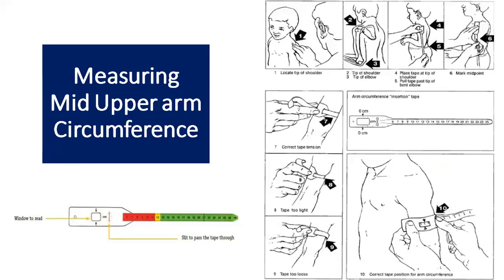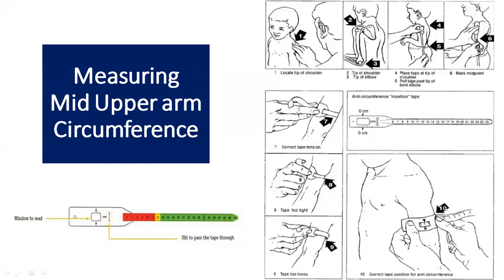Coming to the next parameter, measuring the mid upper arm circumference. We can use the normal measuring tape also, but this is the common measuring tape which we use for measuring the mid upper arm circumference. How to read this? One has to locate the tip of the shoulder, the acromion, and after pointing out the tip of the shoulder, one should look at the tip of the elbow, and then place the tape at the tip of the shoulder and pull it till the tip of the bent elbow.